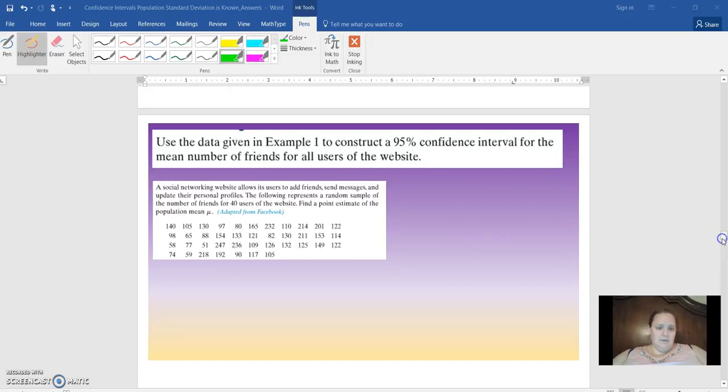All right, let's do this problem. We're still working in this problem with this data because I want to show you something else. We're going to do a 95% confidence interval in our formula. My go-to is to write the formula, then figure out what all the numbers are that go into the formula, and then fill it out.